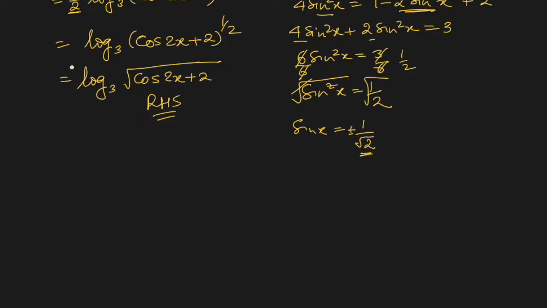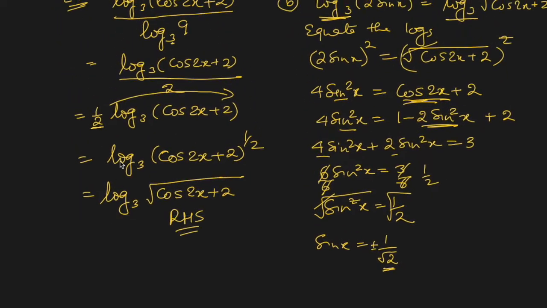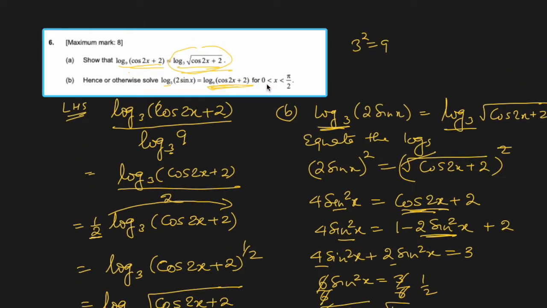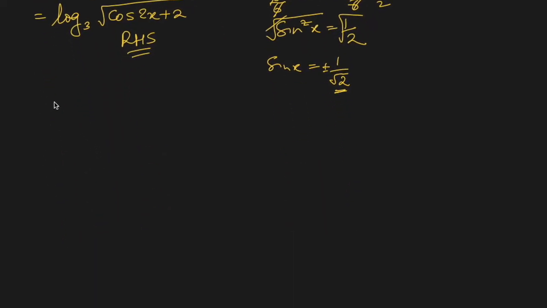Now if you look at your question, they have already said that the value of x is between 0 and pi by 2. That means x is in the first quadrant of the angles. This is 0, this is pi by 2, this is pi, this is 3 pi by 2. So we want only the first quadrant, because 0 to pi by 2 is here. And here sine is positive, so negative is of no use.